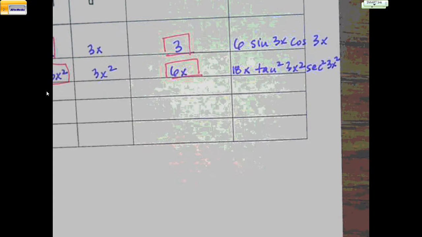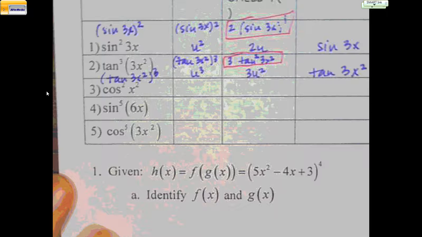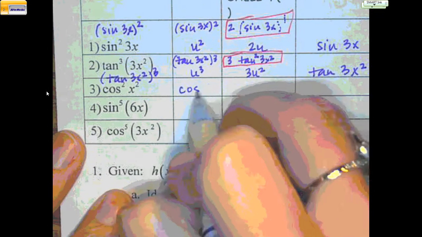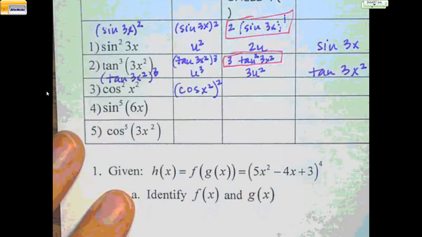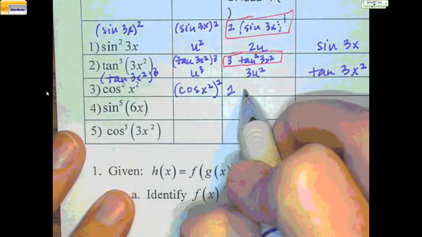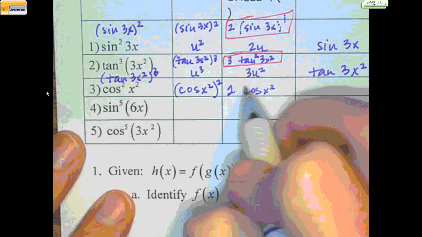Okay, you try to move ahead and tune me out, but I'm going to keep talking on the third row in case y'all need it. So in the third row, I've got cosine of x squared, and the whole thing is being squared. So the derivative of that, I take the 2 and throw it to the front, so I have 2 cosine of x squared, and technically that whole thing is now to the first power.